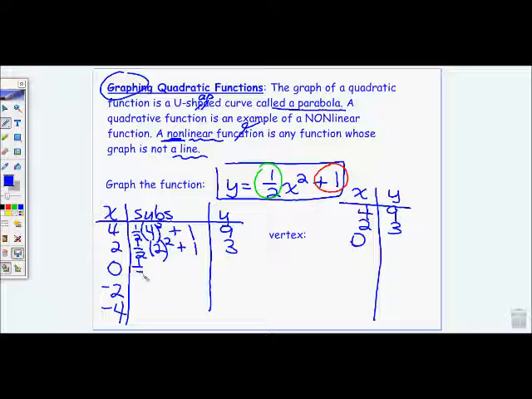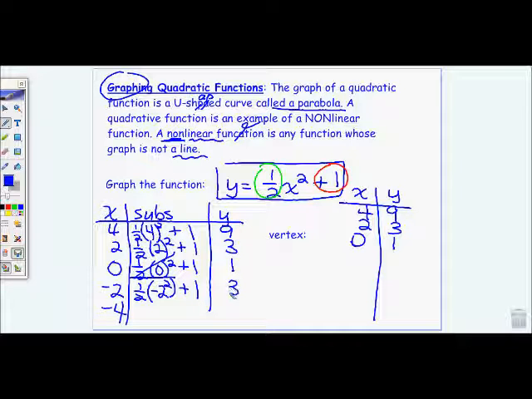For 0, we like zeros because that just cancels them right out. So it doesn't matter on this term here. That's going to cancel out, so this answer would be 1. (0, 1). And then we have negative 2. Now, negative 2 times negative 2 will give us 4. So that's the same as our positive 2 in this one.